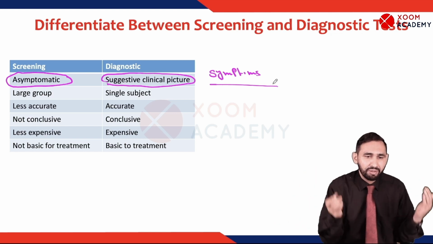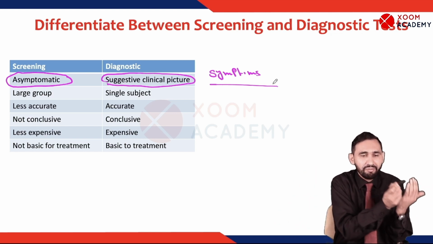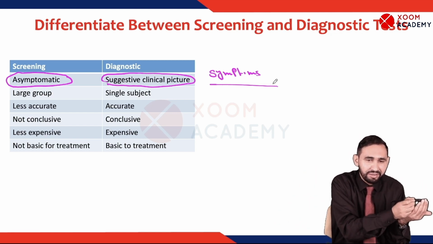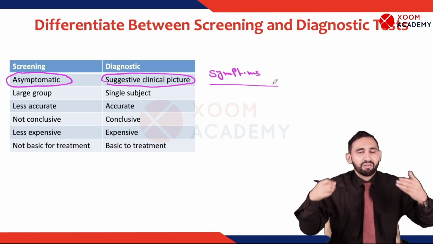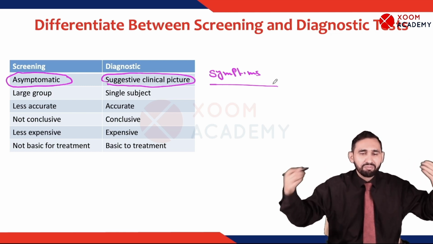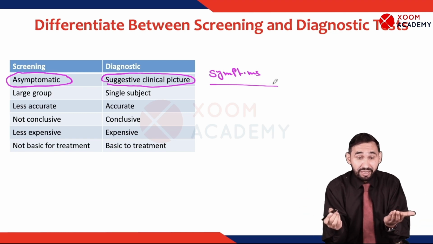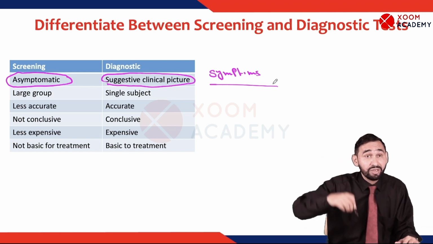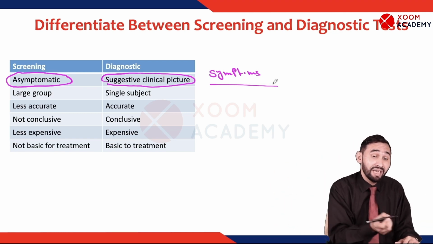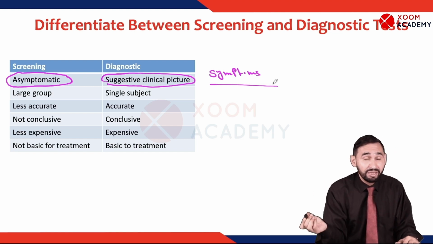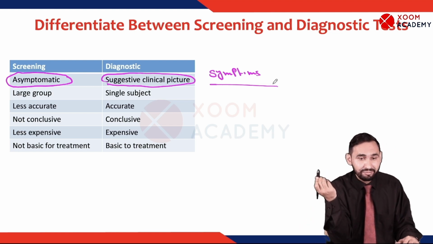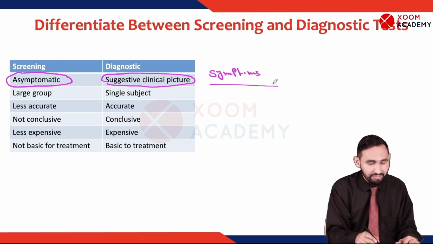If we take the example of coronavirus, someone is asymptomatic, we are doing screening. But someone presents with fever, flu, high grade fever, a productive cough, we do diagnostic tests. Or we are doing screening for hypertension in an apparently healthy obese person, or someone is presenting in the hospital with headache. This is the difference between them.